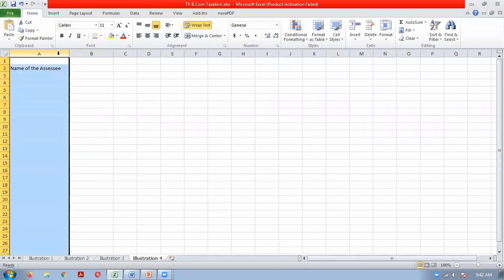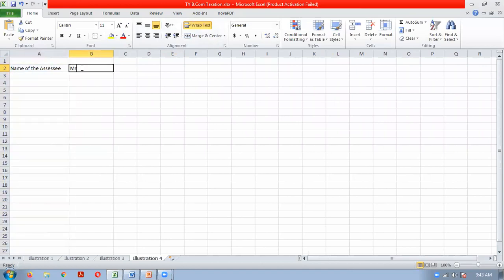Relevant previous year is 2020-21. So what will be the relevant assessment year? The relevant assessment year is 2021-22.